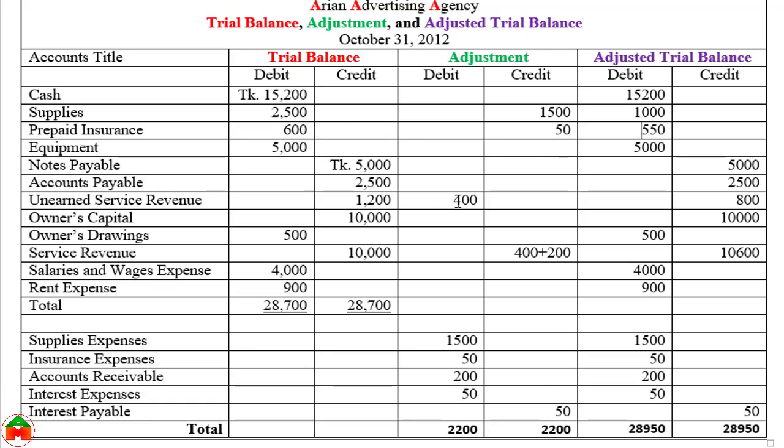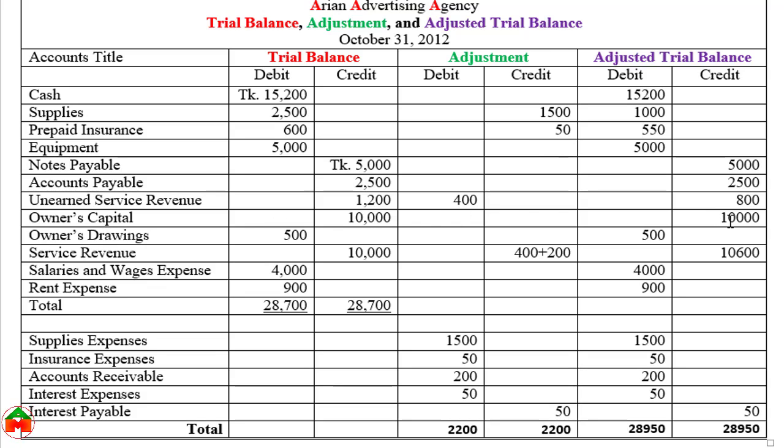If we deduct 400 from this 1,200, ultimately 800 credit balance remains, because the credit balance is the bigger amount and the debit balance is the smaller amount. After deducting 400 we get 800 credit.